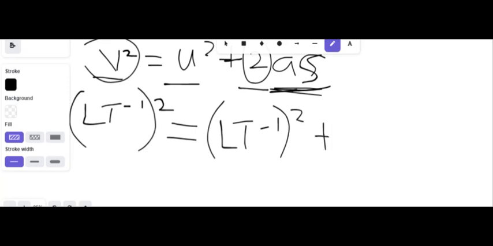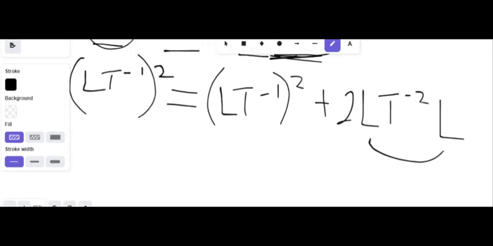Plus, write this number 2; a number does not have dimension. Then what is this a? It is LT minus 2, I told you that. Then s is distance, and distance is a length. What's the dimension for length? L. So we are going to combine this L and this L, and do not forget indices. This L will carry this power 2, and this minus 1 that T has here, we also have power minus 2.